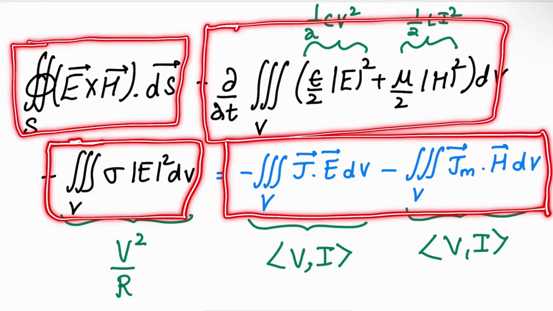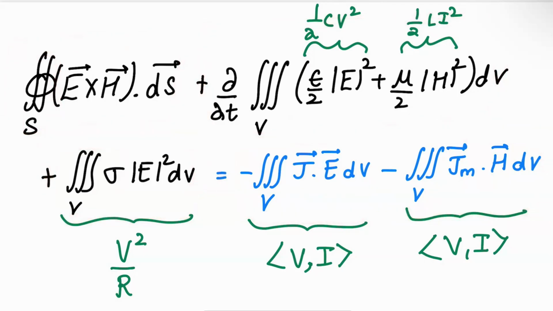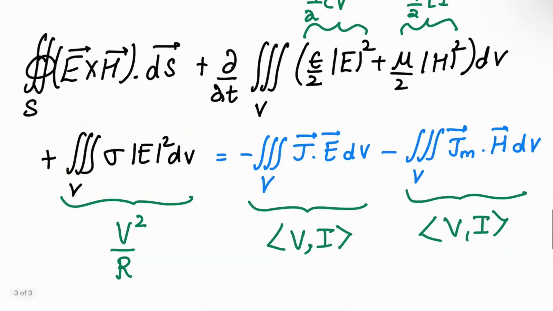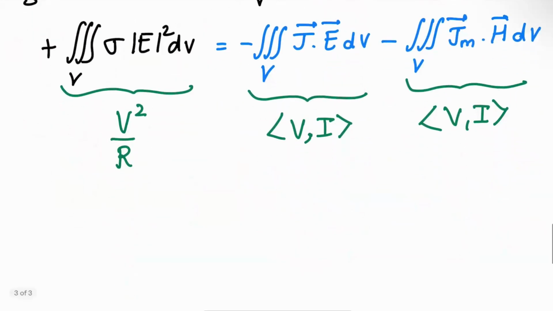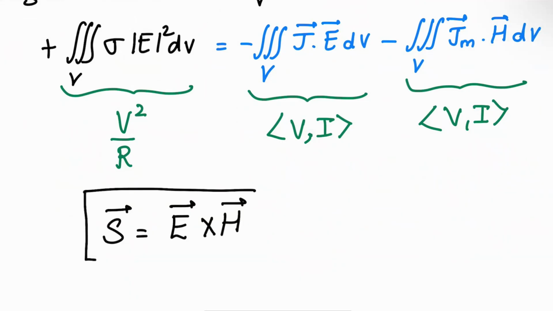So what does this term mean? Since it's a surface integral, you're looking at how much power or some quantity on the surface of that medium, and we know that this has to have the units of power per unit meter square, right? So the only reasonable way to interpret this is to say that the S vector, which we will define as E cross H, is the amount of power flowing through the surface per unit area.